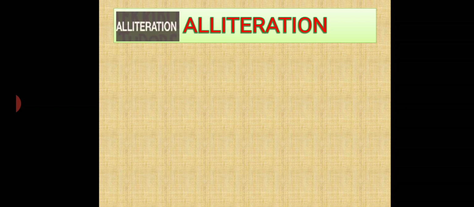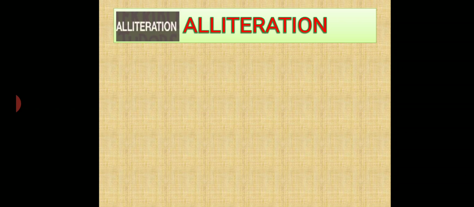So all the words are starting with S: she, saw, shells, at seashore, shore. Then again S is there. So repetition of a similar sound or alphabet is known as alliteration.